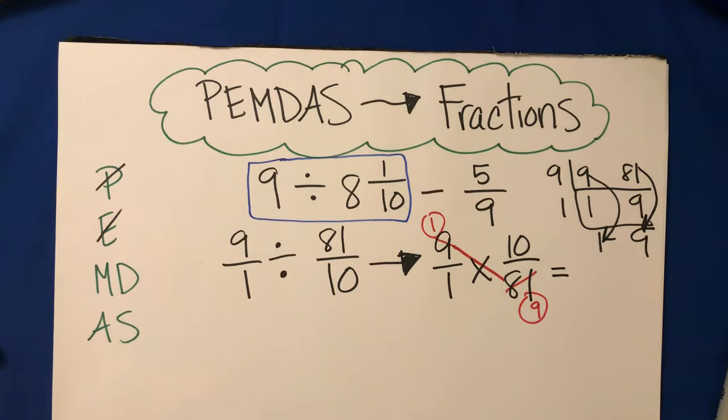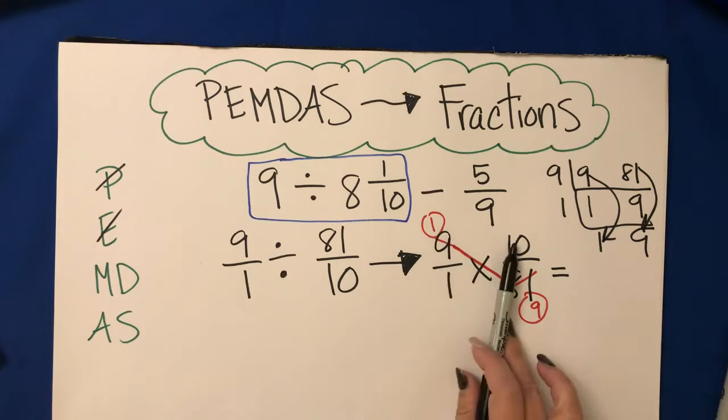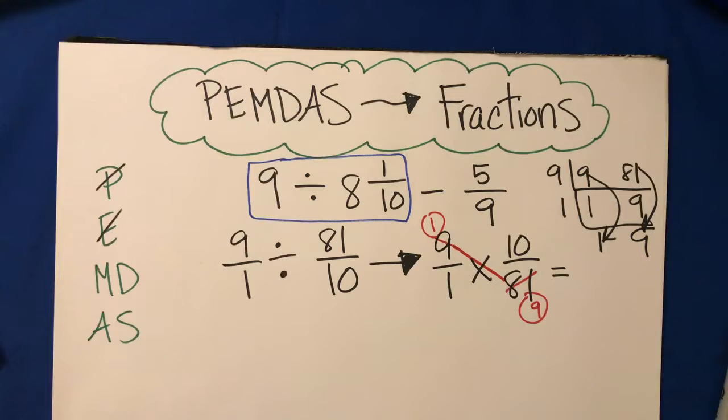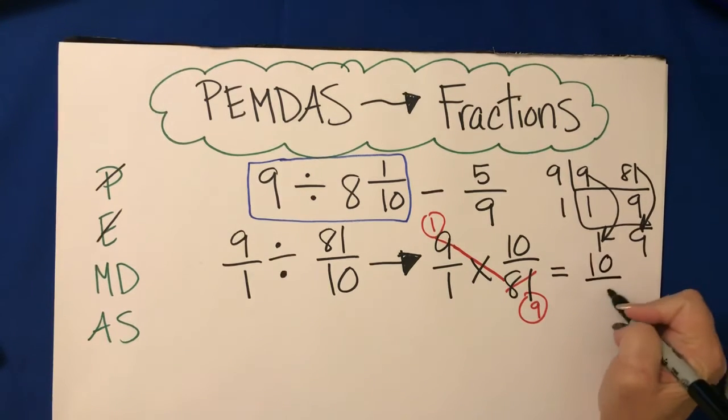When you do the multiplication going across the top and then across the bottom with your denominators, just remember to grab the 1 here instead of the 9 and multiply by the 10. So Drake is thinking 10 over 9. I'm going to set this here and see if you guys agree with that.